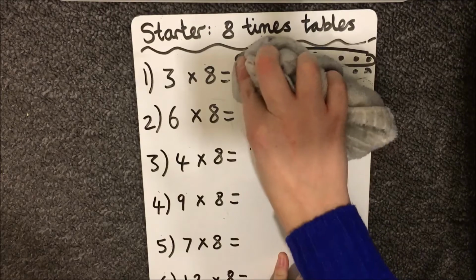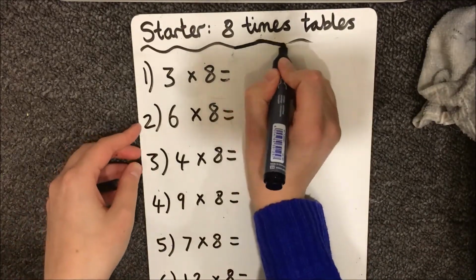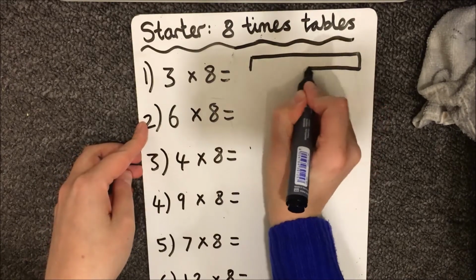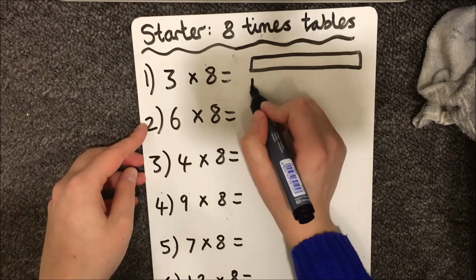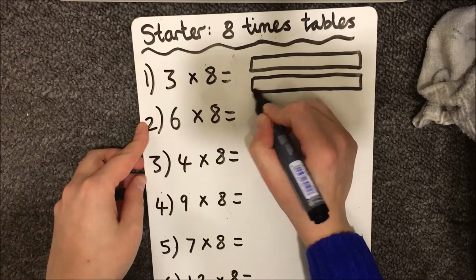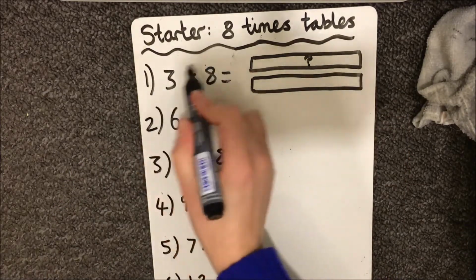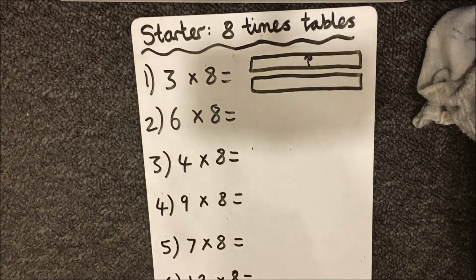Is there another way we could solve this? I'm going to give you a clue. Do you remember I said chocolate bar to help you remember? It's a bar shape because it's called a bar model. So 3 times 8. I don't know this one yet. This is my whole. Because when I times a number, it's going to get bigger and my whole is the biggest one.